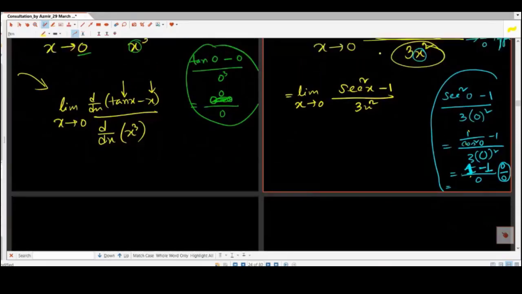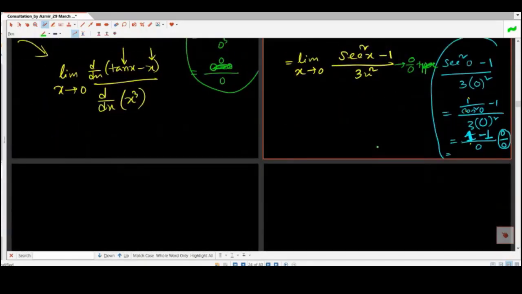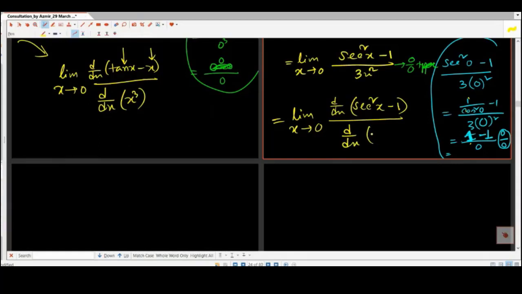Since this is again of 0 over 0 type, we have to differentiate the numerator and the denominator separately. So let's do limit x tends to 0, differentiation of secant squared x minus 1, and in the denominator differentiation of 3x squared.